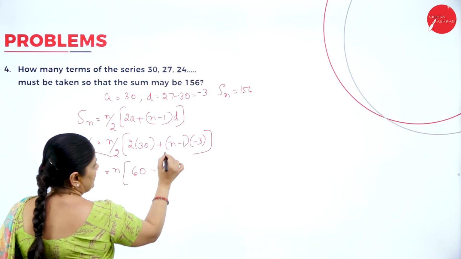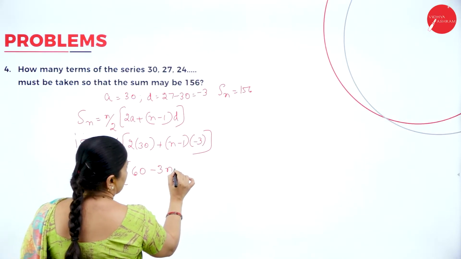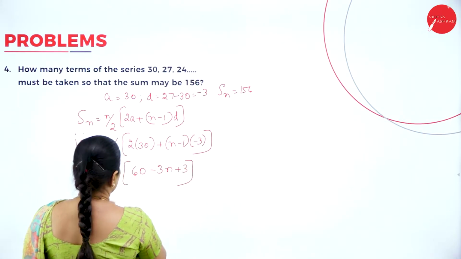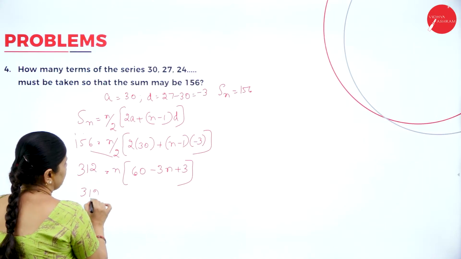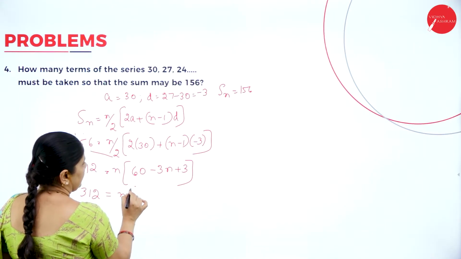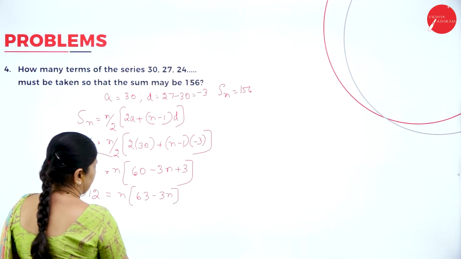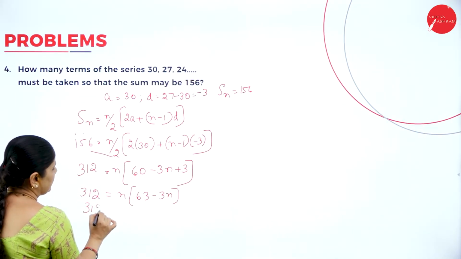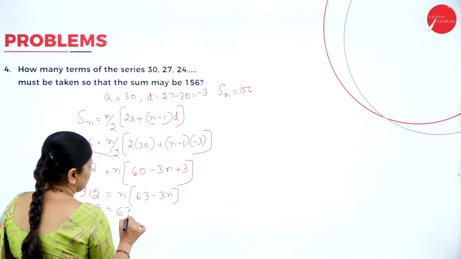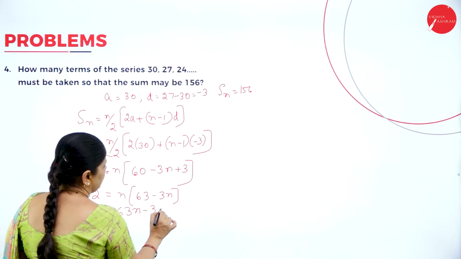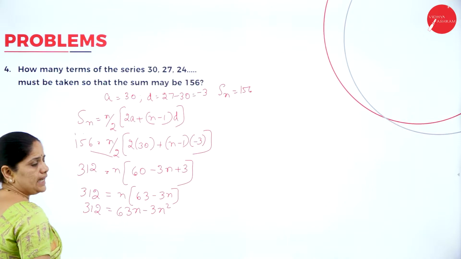So minus 3 into n minus 3n plus 3. So 312 equals n into 63 minus 3n. So 312 will be 63n minus 3n square.